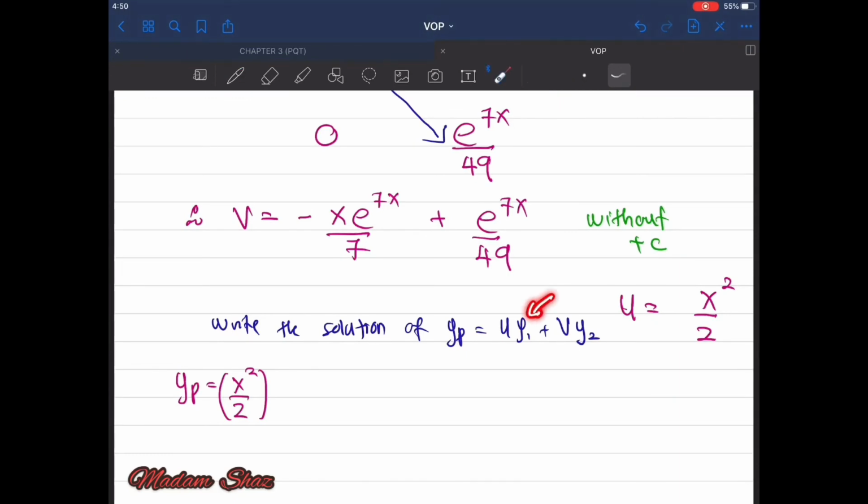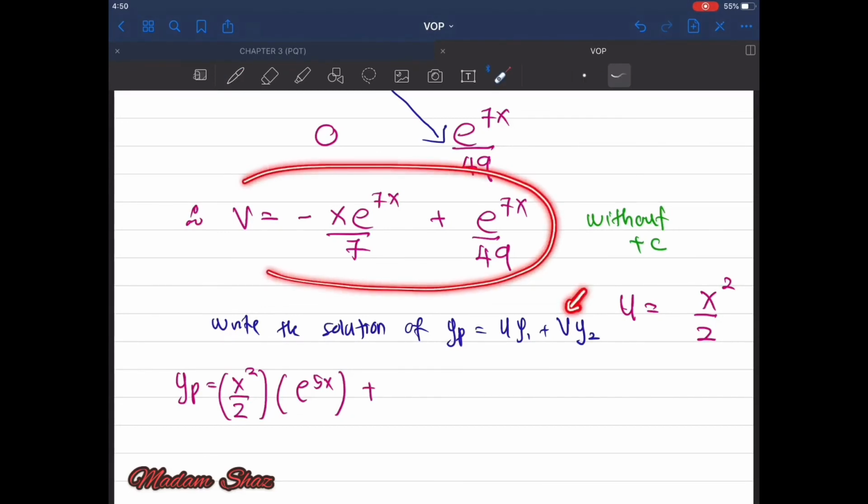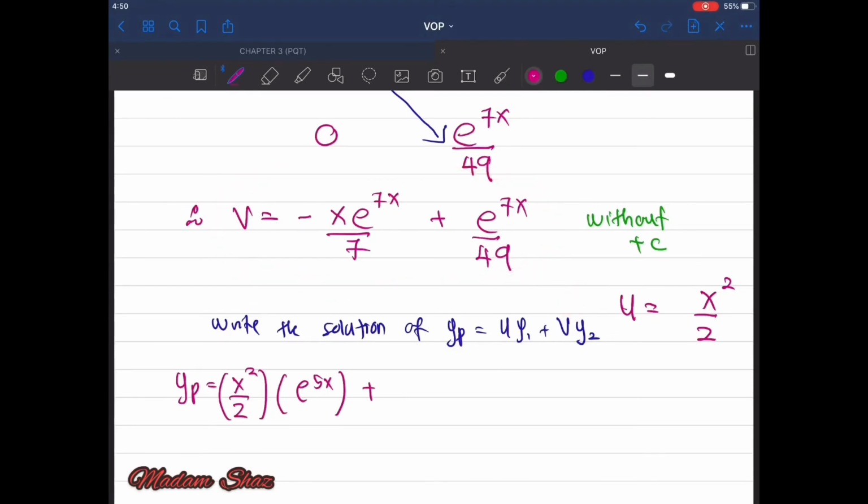So check back what is our y1, which is exponent 5x, multiply exponent 5x, plus v, which is this is our v, substitute to the position of v, negative x exponent 7x over 7 plus exponent 7x over 49, make it in bracket, multiply with y2.